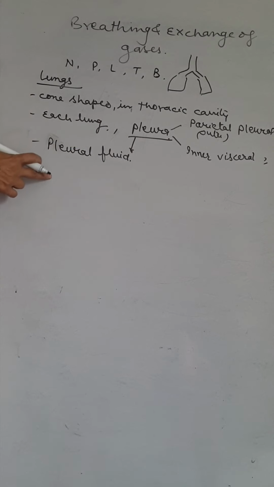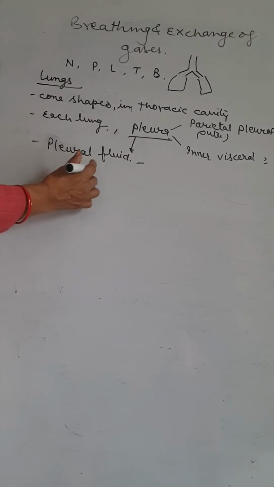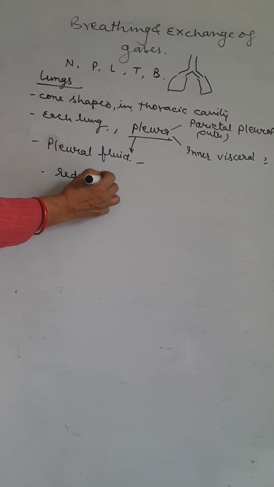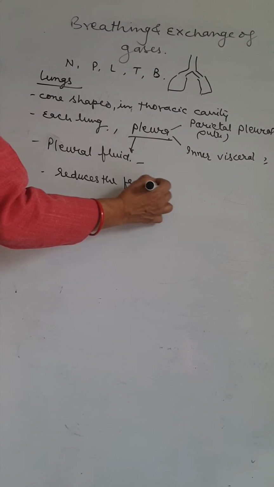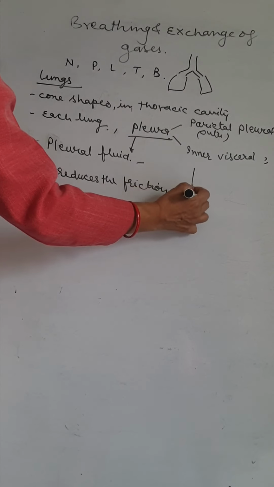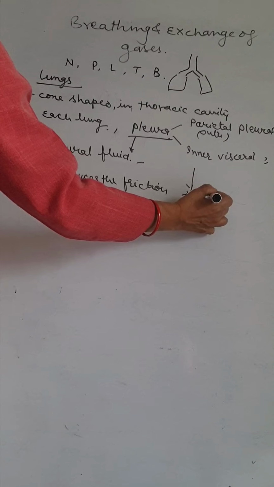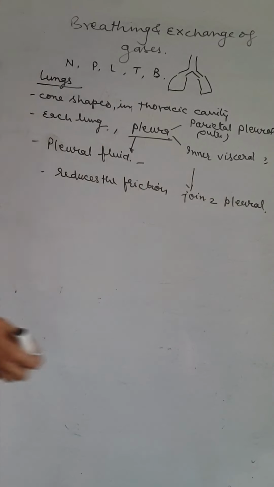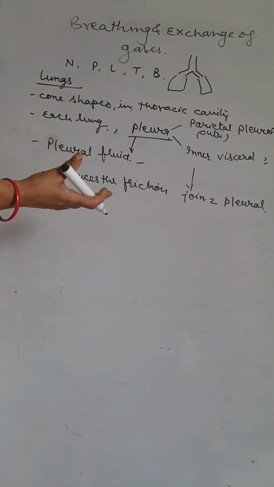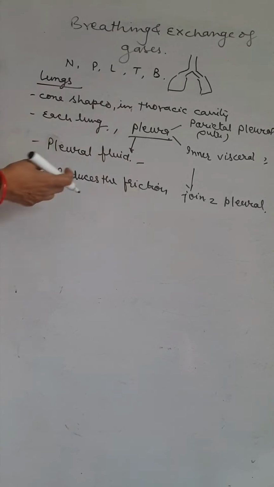This fluid reduces friction and joins the two pleural membranes. The lungs contract and relax, so for easy movement, the fluid reduces the friction between them.